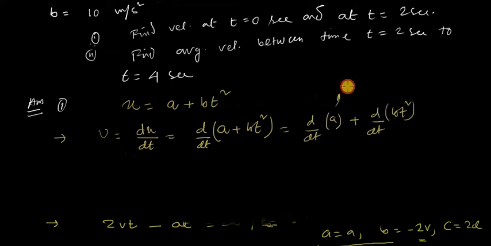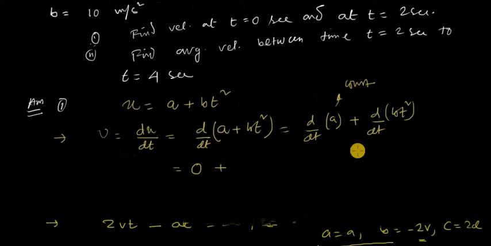Since a is a constant, and the differentiation of a constant with respect to time is 0, because a constant does not change with time, and differentiation is nothing but a rate of change. For a constant, we know that it does not change with time. Therefore, the differentiation of a constant with respect to time is always 0.